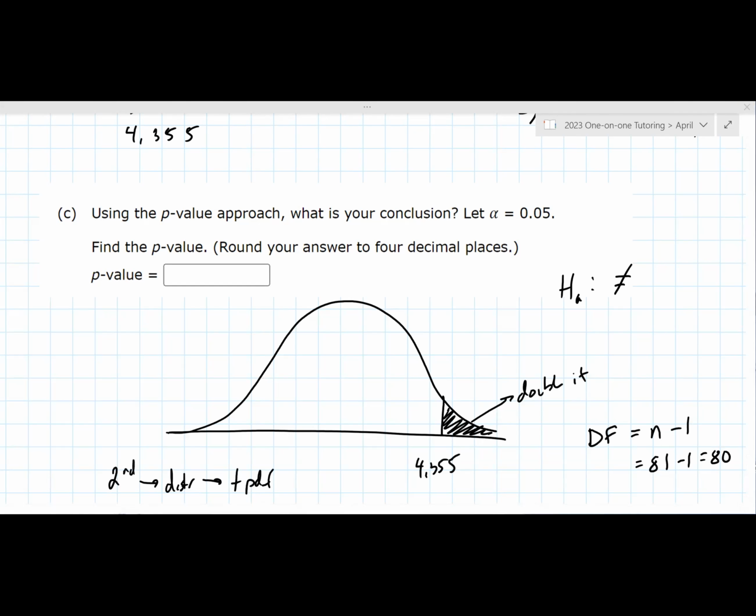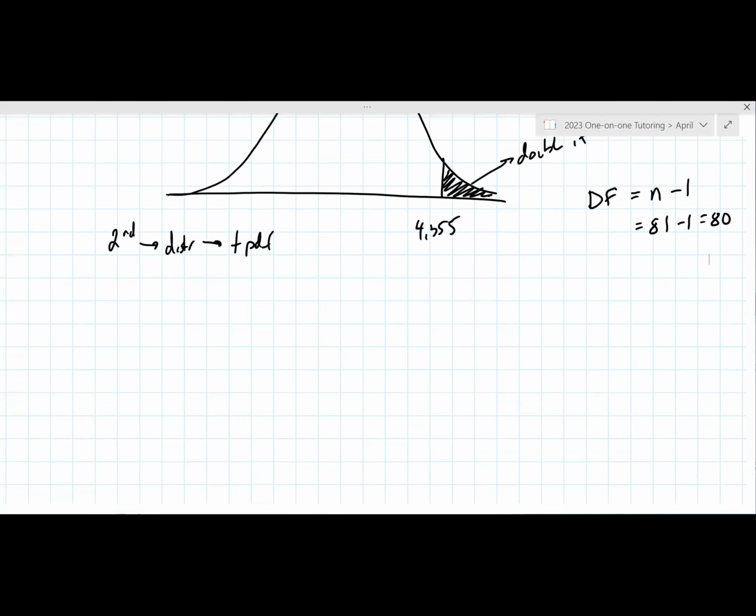Yep. All right, now the problem here is I don't know the syntax again, so I need to quickly look that up. It's probably going to be lower, upper, mean, standard deviation, and then degrees of freedom, but I'm not sure. So let me just quickly check here.